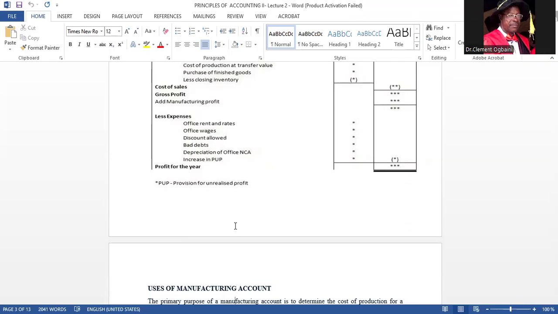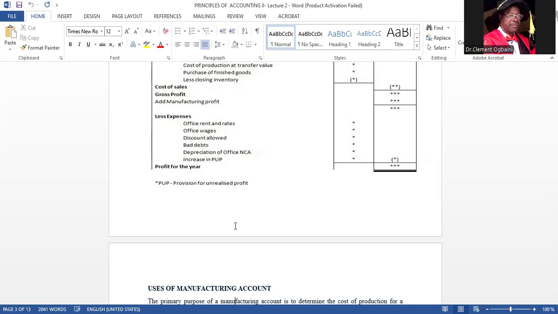When we less our expenses, which are office expenses, wages, discount allowed, bad debt, depreciation, transport and traveling, interest paid, and also things like insurance, repairs and maintenance, we will now have our net profit.